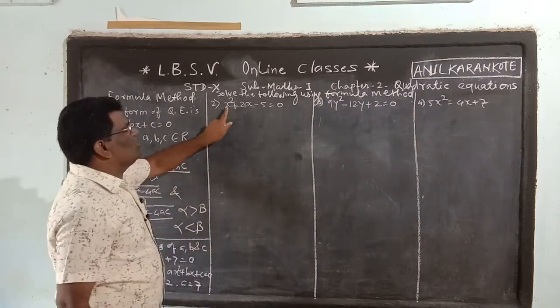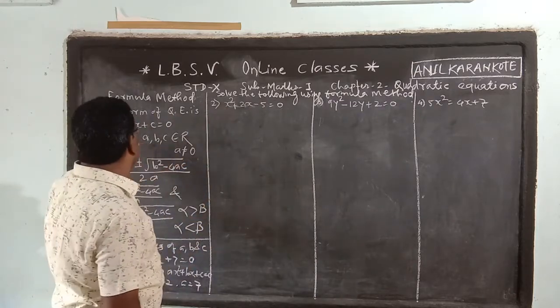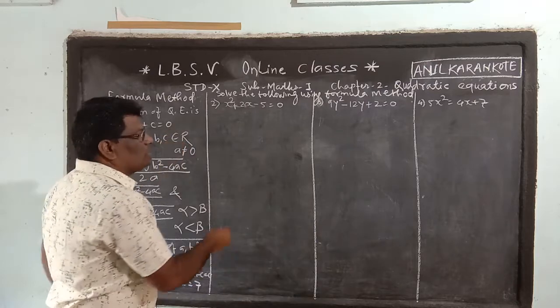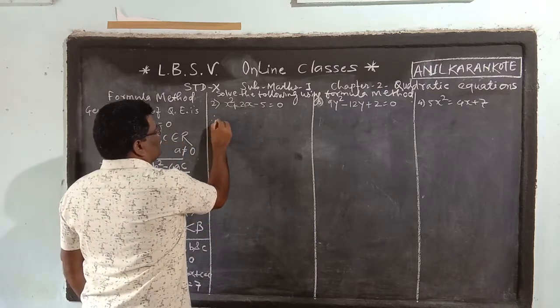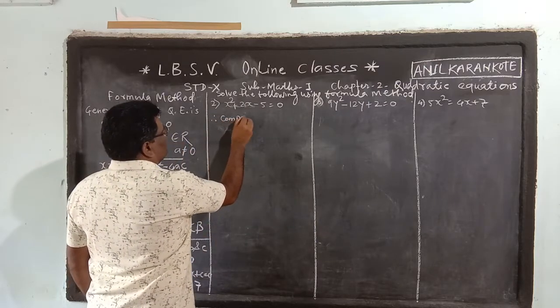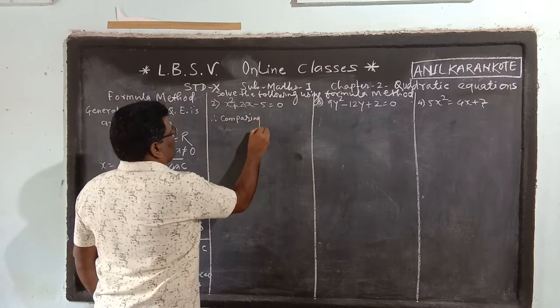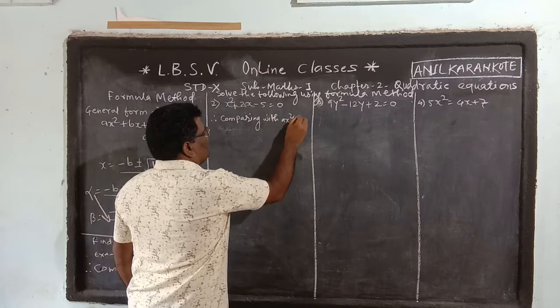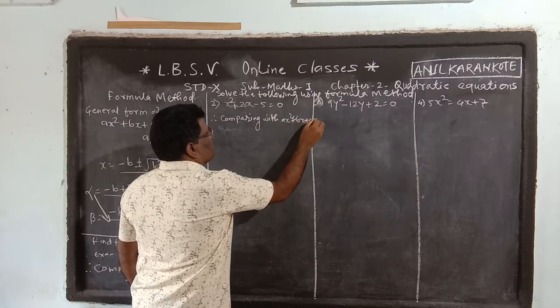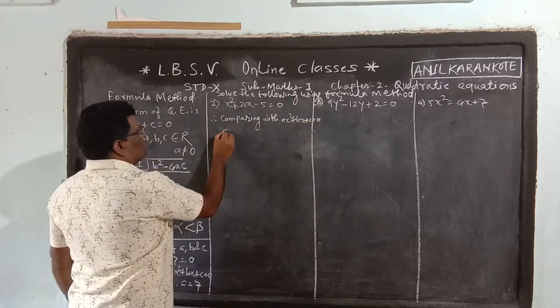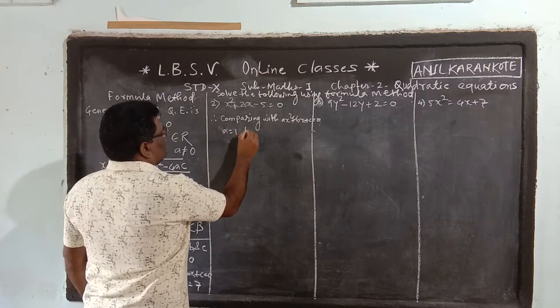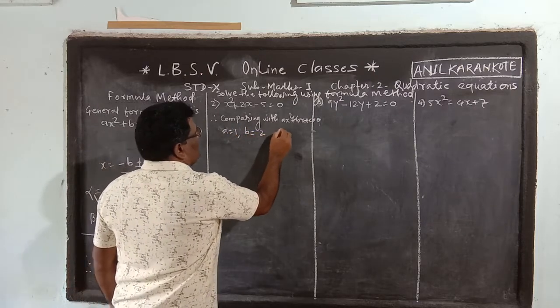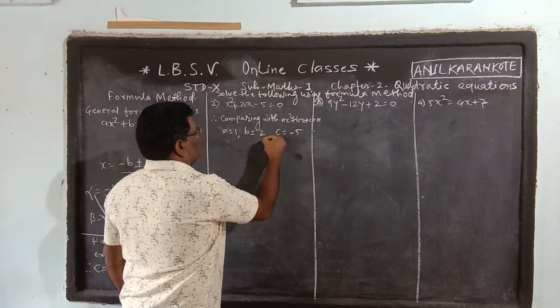First of all, we have to compare this equation with ax square plus bx plus c is equal to 0. We get a is equal to 1, b is equal to 2 and c is equal to minus 5.